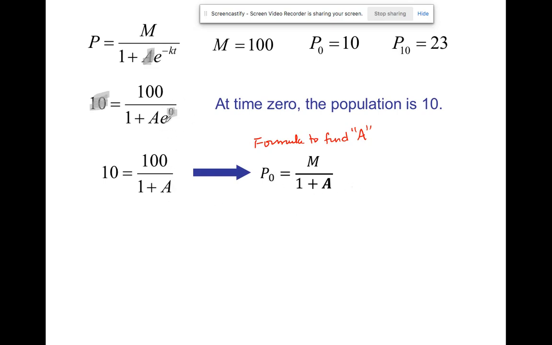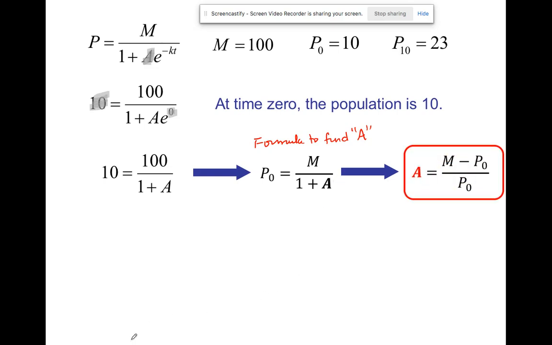Notice your e to the negative kt will always be e to the 0, which will be 1. Use algebra 1 and solve this equation. It's a literal equation, right? An objective from algebra 1, and solve for A. So this is the formula for any logistic equation to find A: M minus the initial condition divided by the initial condition.